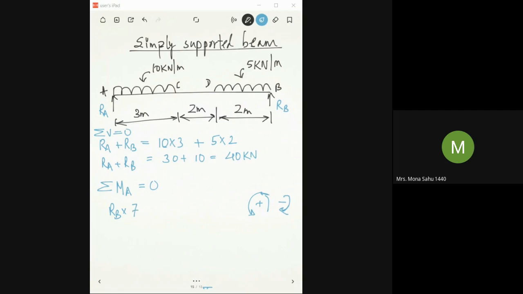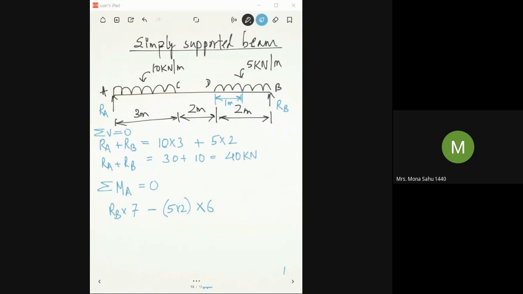Next you have minus 5 into 2 load with respect to, so we have to take from the midpoint to A. So this is 1 meter. So you have 3 plus 2, 5 multiplied by 6. Got it?